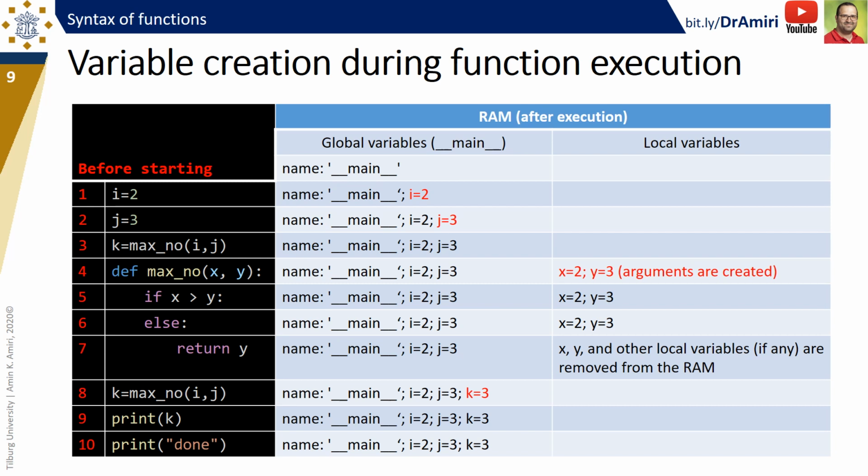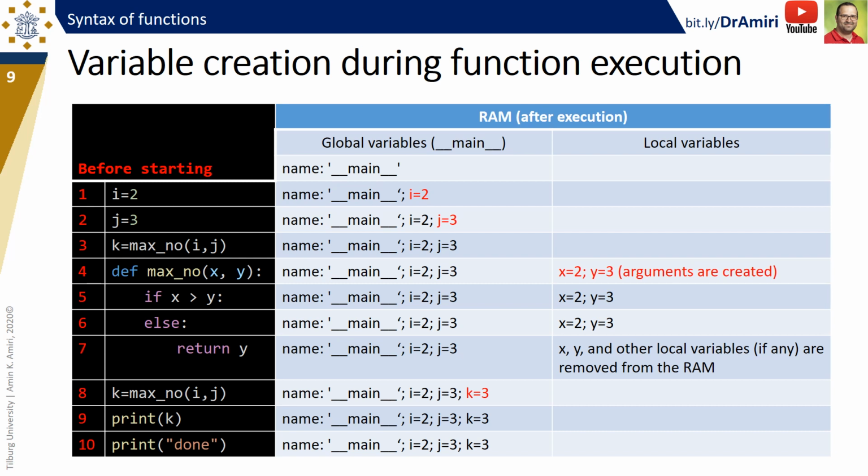Here, because we have two parameters, a new part of RAM is separated and devoted to this function maxNO. Inside that part, which we call local variables, the section for local variables of maxNO, x and y are created and set to 2 and 3 respectively.